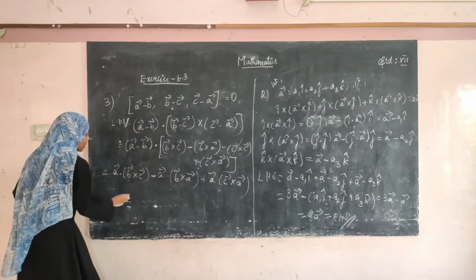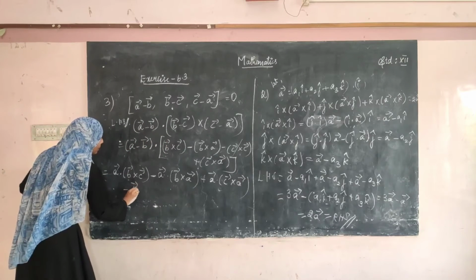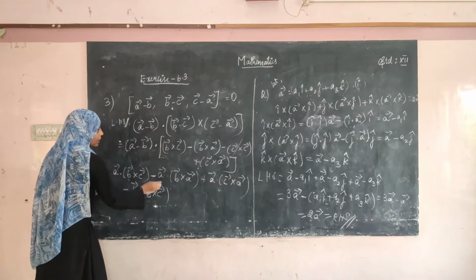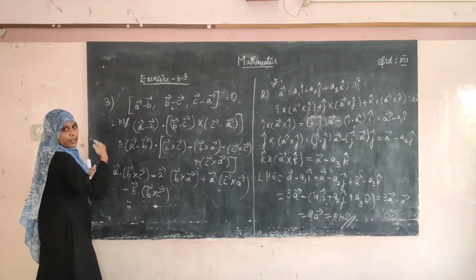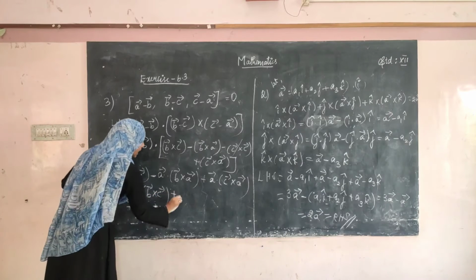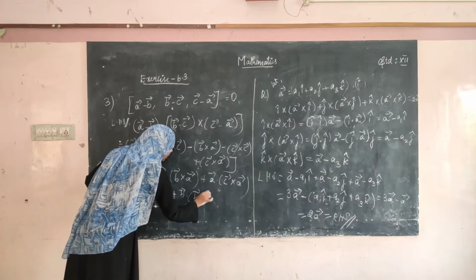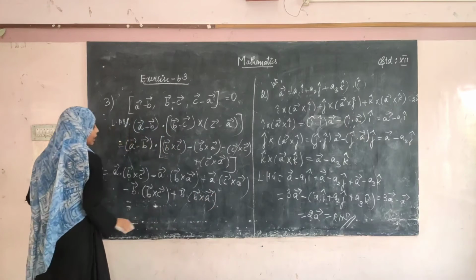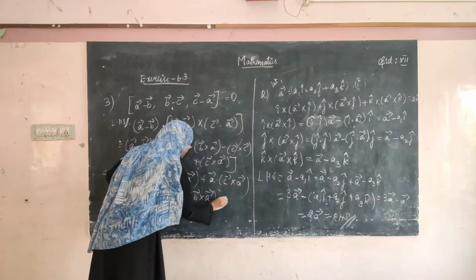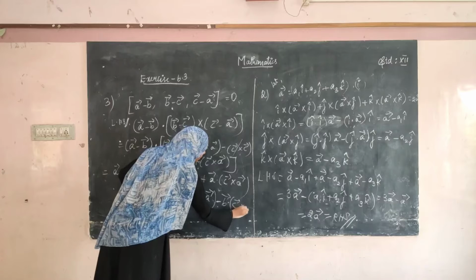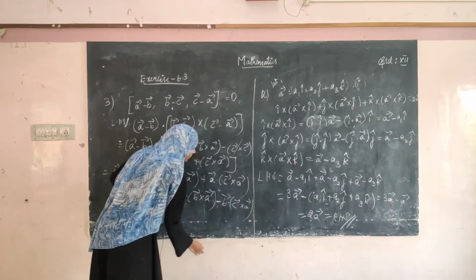These 3 terms: minus B vector dot B vector cross C vector. Here one minus is there, and minus into minus gives plus B vector dot B vector cross A vector, and again minus is there, minus B vector dot C vector cross A vector.